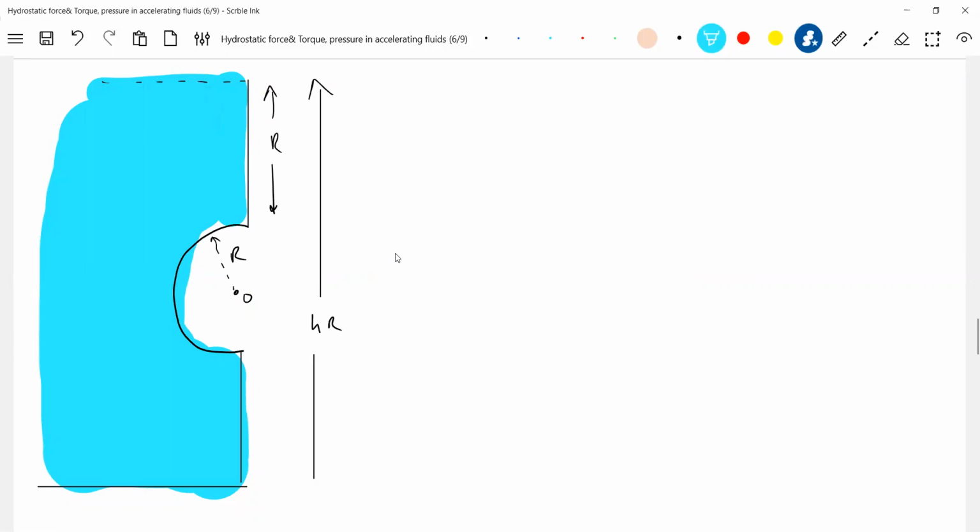Yesterday's assignment, if you have it, just recollect it. From yesterday's assignment, I'm bringing this question. It's asking, if the length of the cylinder is L, find the horizontal force on the gate.